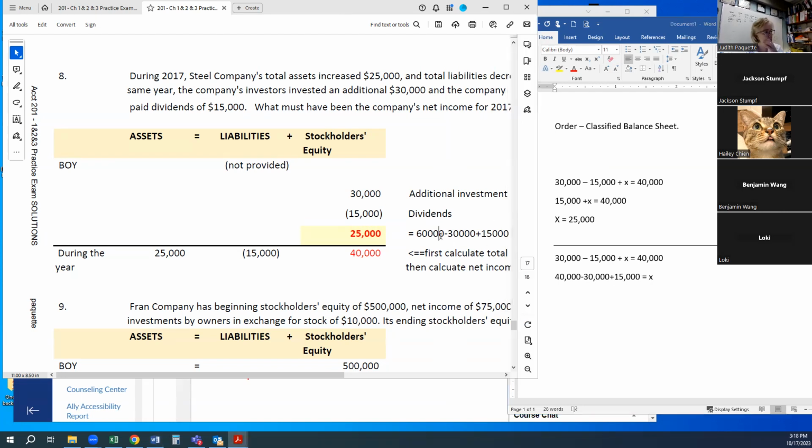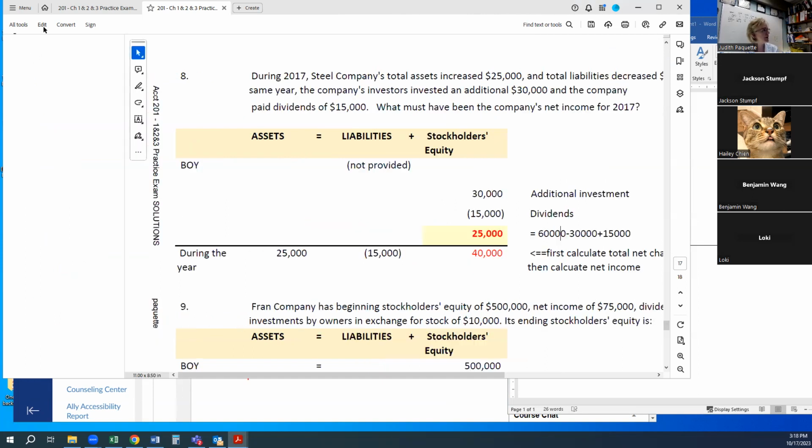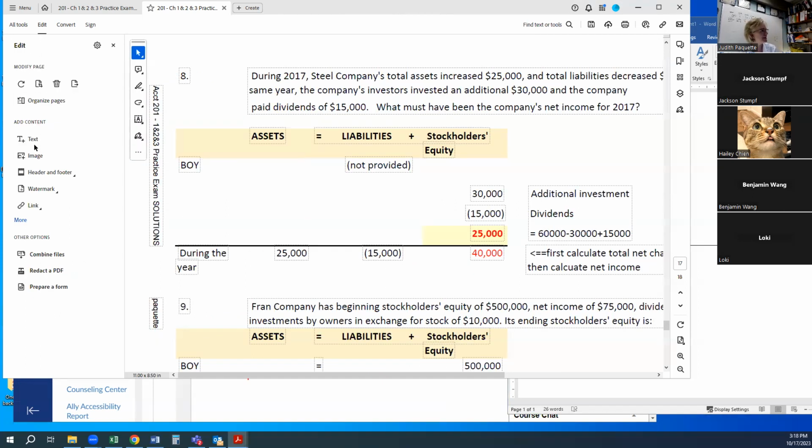So that's an error. That's where the 60,000 came from. There is no 60,000. So sorry about that. Any other questions on that?